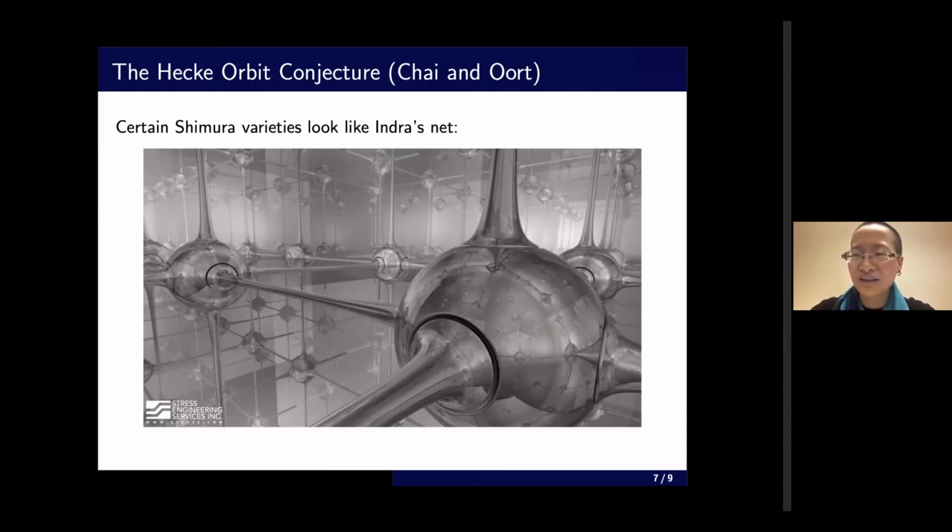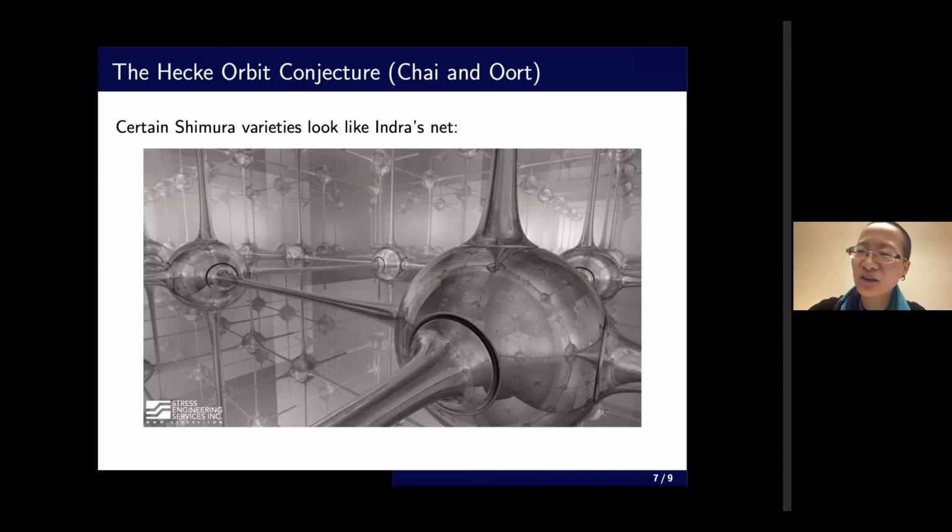So Indra's net is something that comes from a Hindu mantra. It's a net where at each intersection you get a water drop that reflects the entirety of the rest of the net inside itself. So on a modulo p reduction of a Shimura variety, you can move in two ways.